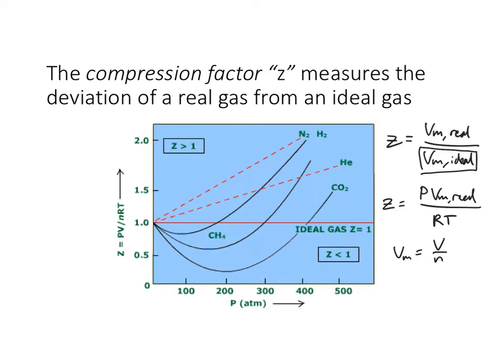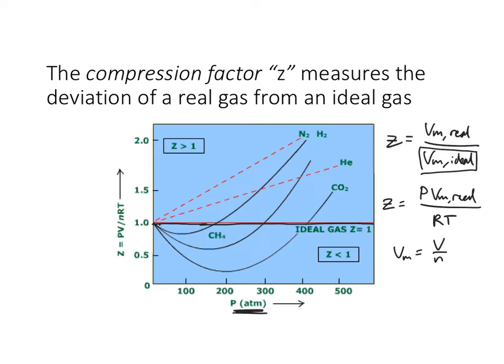Okay, so let's take a look at this plot over here. The compression factor for an ideal gas is never going to change, and that's represented by this straight red line right here. No matter how we change the pressure of the system, the compression factor of an ideal gas is always going to be 1 because PV is always going to equal nRT.